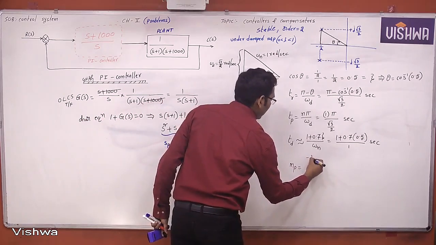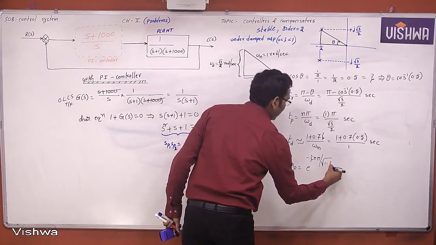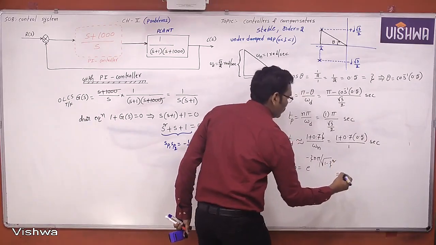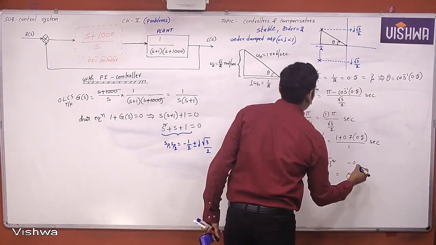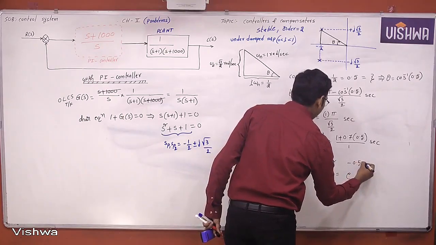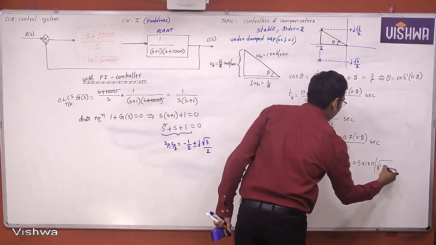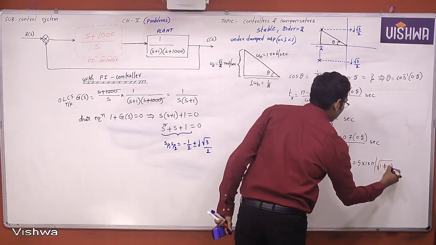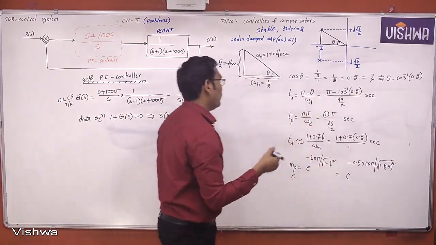Peak overshoot is e power minus zeta n pi by square root of 1 minus zeta square. So e power minus, zeta is 0.5, n is 1, into pi by square root of 1 minus 0.5 square. Then this is the peak overshoot expressed in terms of percentage.